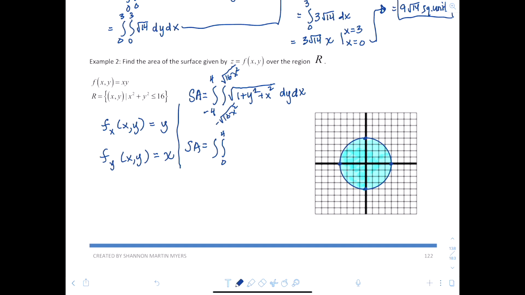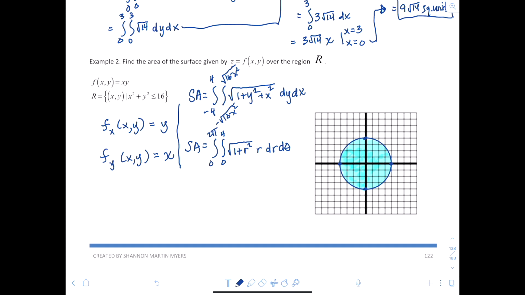And then we'd have the square root of 1 plus r squared from our integrand. And then we have another r from the conversion formula from polars. This is going to be dr d theta, and theta is going in a full circle, so you've got 0 to 2 pi.